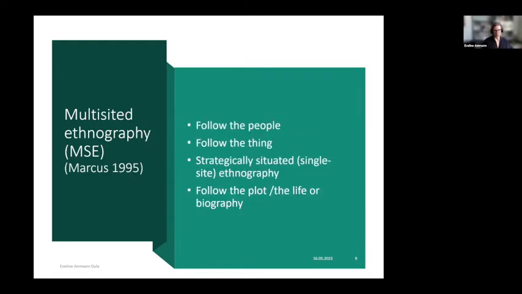What is very interesting about it, and very easy to keep in mind, is the concept of following the people. Following people when they are moving, especially in the topic of mobility and migration. You can do ethnography if you follow the people where they are going and they are faced with different realities.